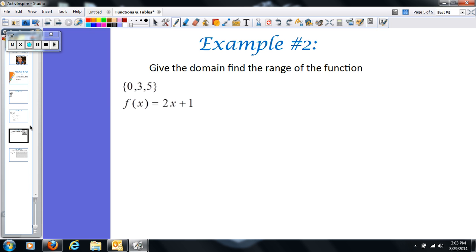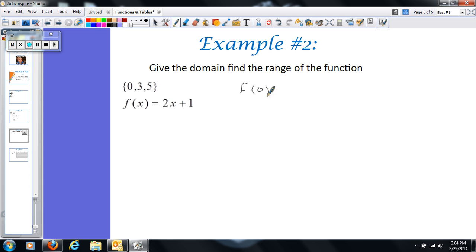The domain of a function is going to be your inputs, or your x values in the case of a linear function, and your range, or your outputs, are going to be your y values. So this would be like saying you have f of x equals 2x plus 1.